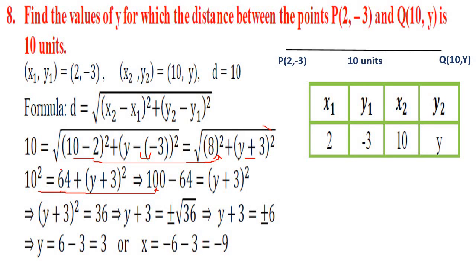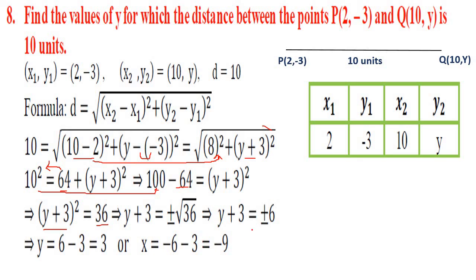Then transpose 64 to the LHS, it becomes minus 64. So (y plus 3) whole square is equal to 100 minus 64, which is 36.